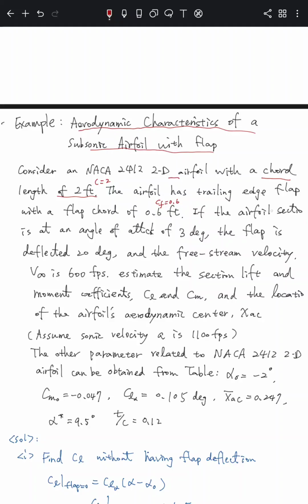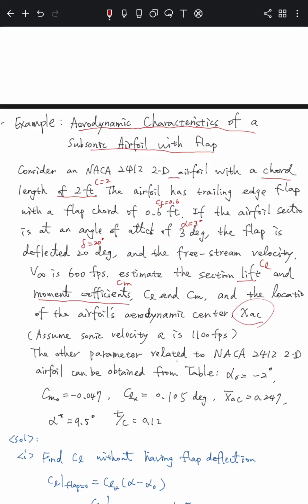If the airfoil section is at an angle of attack of 3 degrees, the flap is deflected to 20 degrees, and the free stream velocity V is 600 feet per second, please estimate the section lift and moment coefficient, CL and CM, and the location of the aerodynamic center.